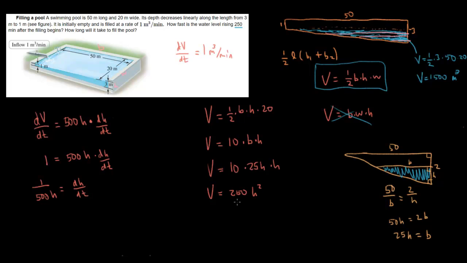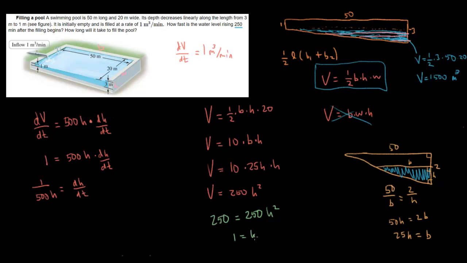What we can do is solve for h when the volume equals 250. We've pumped in 250 cubic meters of water. So off to the side, we can say that 250 equals 250h squared.